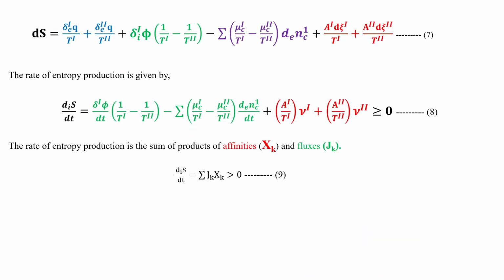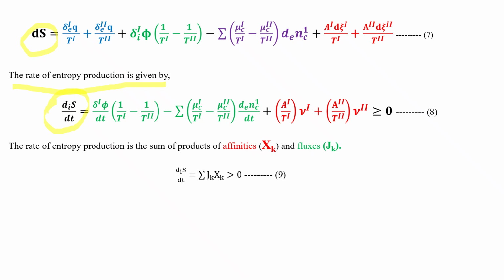Now you have to find the rate of entropy production within the system. So here, the rate of entropy production within the system, dS by dt. This is the total entropy change between the system and surroundings; here we want only within the system.